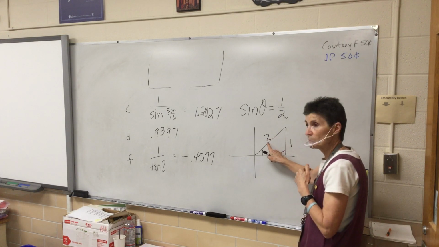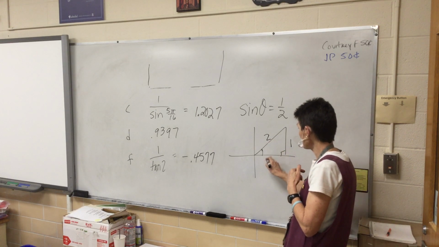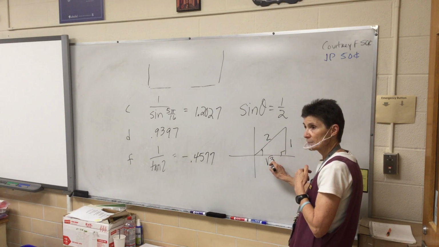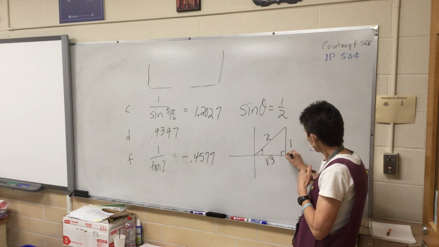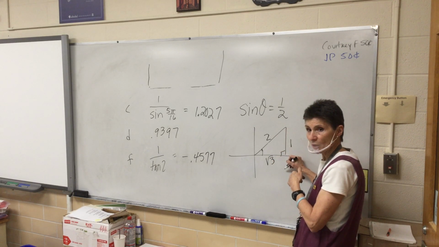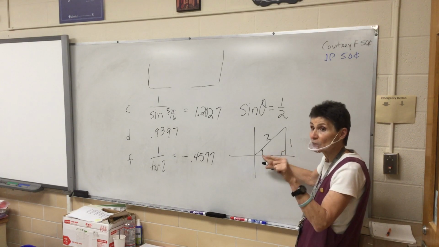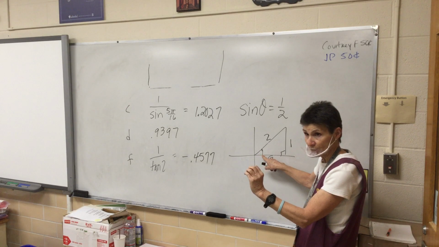Those two numbers look familiar to me. If that's a 1 and that's a 2, this one's going to be a √3. And I automatically know that's a 30, 60, 90 triangle. And since the angle I need, you're always going to be looking for the angle at the origin.